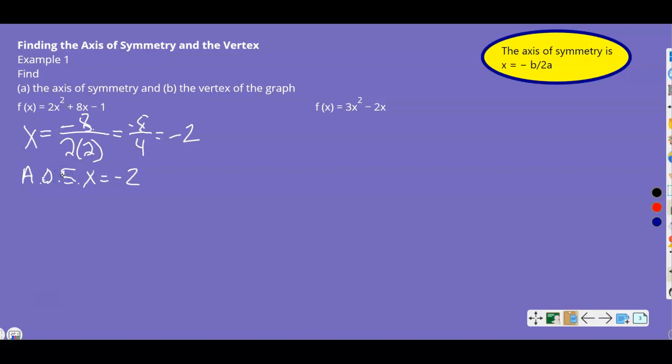So if we want to find our vertex, we're going to use the axis of symmetry, which we know goes through the vertex. So we're going to do the same thing. We're going to take the equation that we're given, and we're going to substitute negative 2 in.